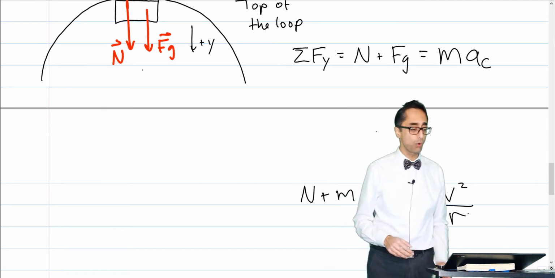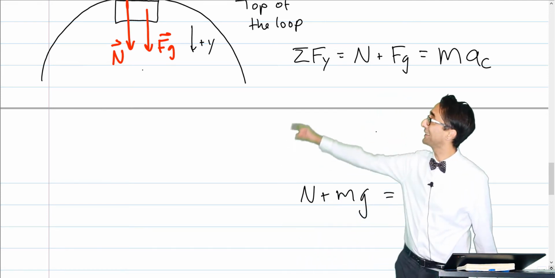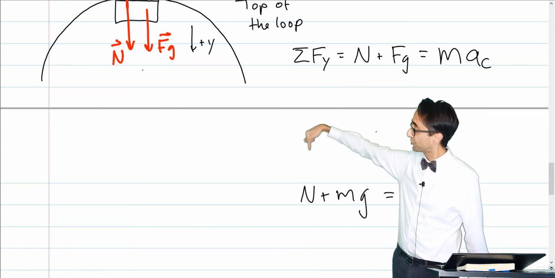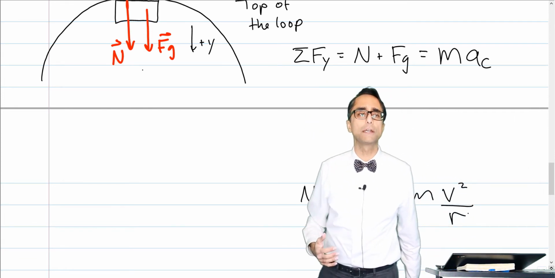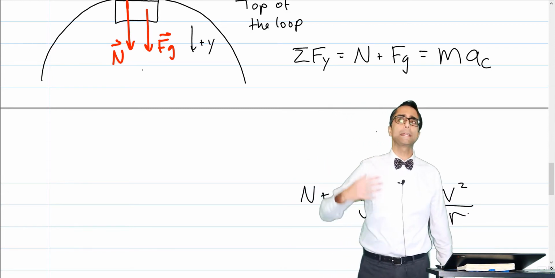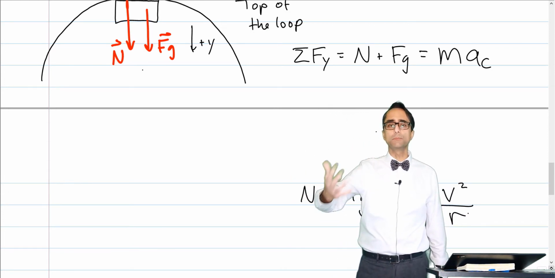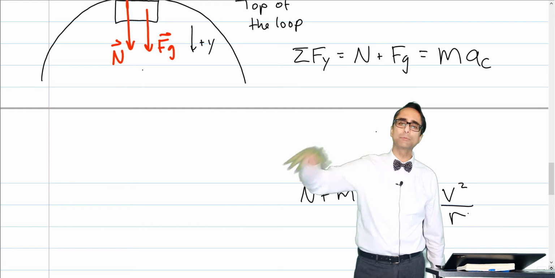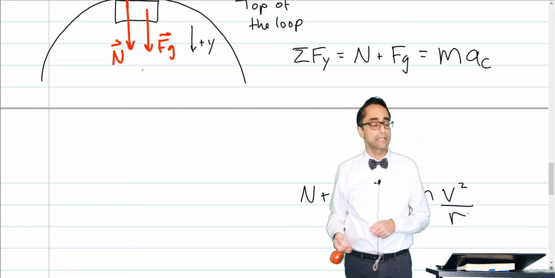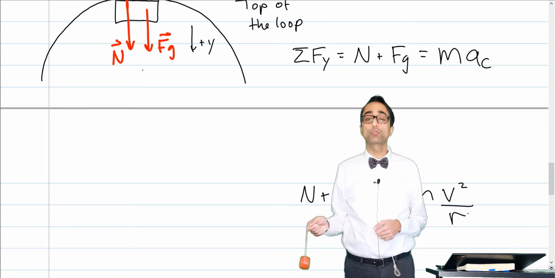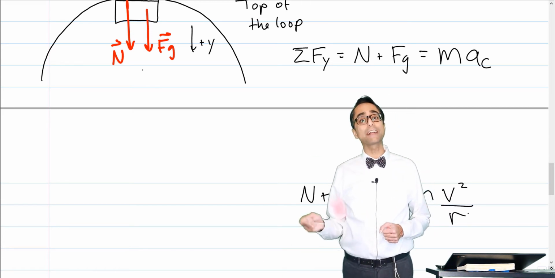And so in this roller coaster, what's happening is the normal force down gets stronger. And you know this, right? Like if you're going in a ride at an amusement park and you're spinning around really, really fast, you get kind of like pushed up against the seat. And so the normal force gets stronger and stronger the faster you go.